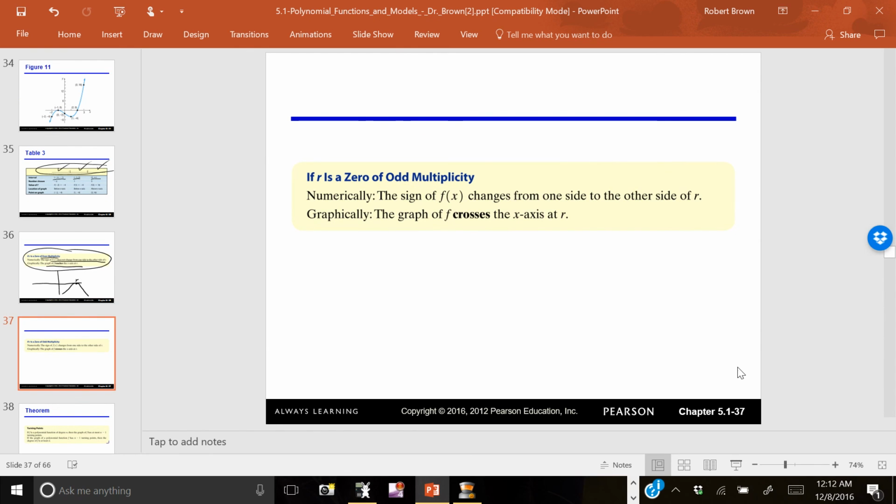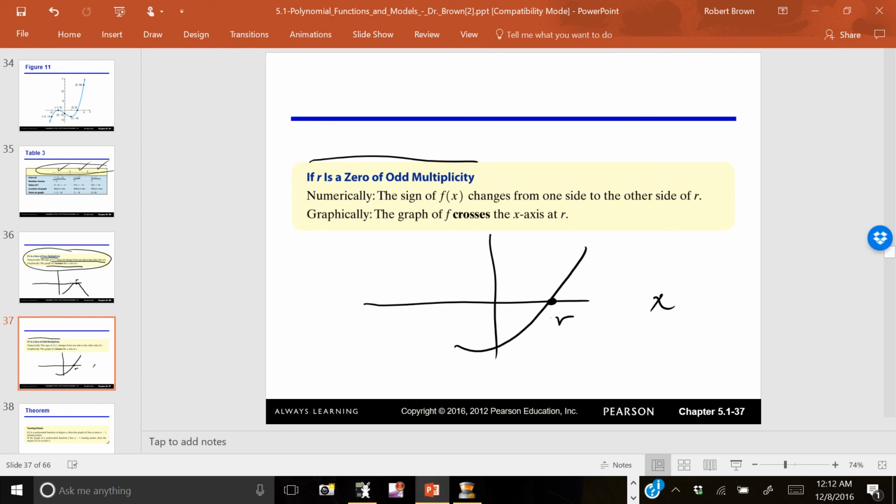If r is a zero of odd multiplicity, then the graph will cross the x-axis. And when you see that, you know that the zero has to be odd multiplicity.